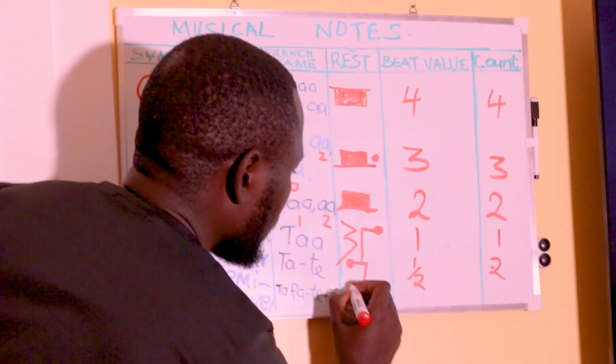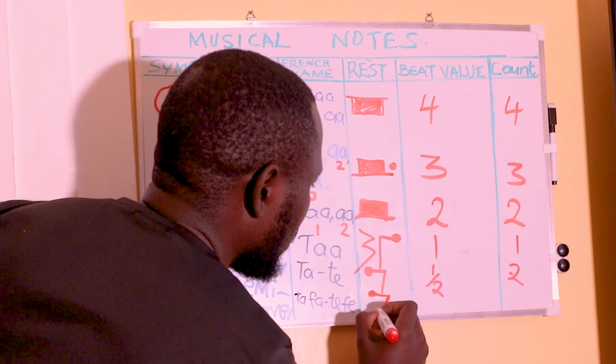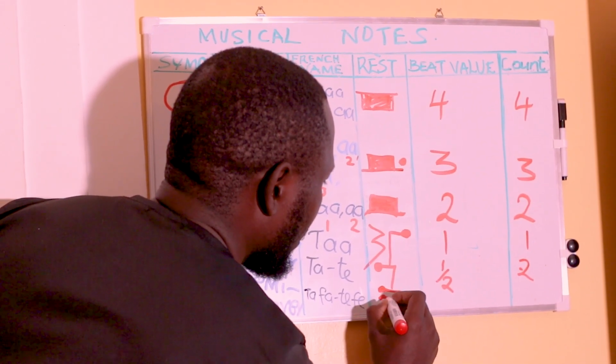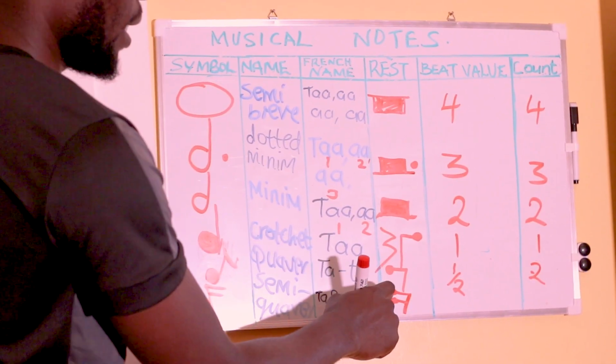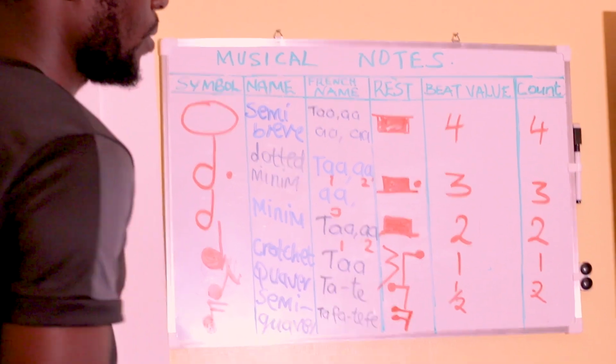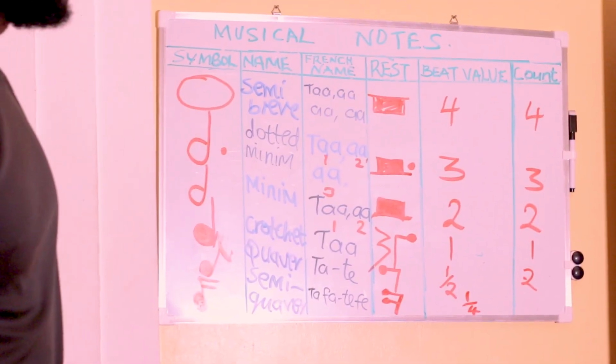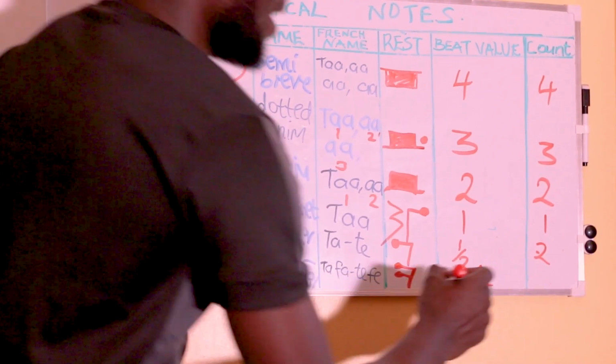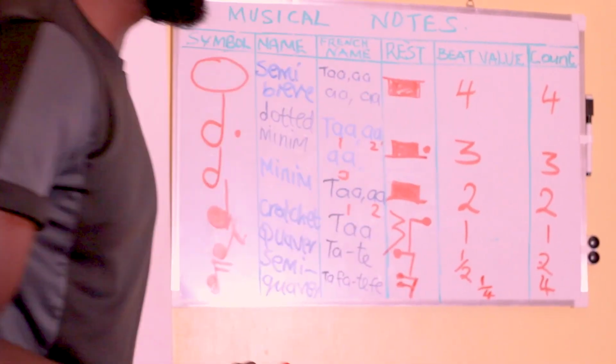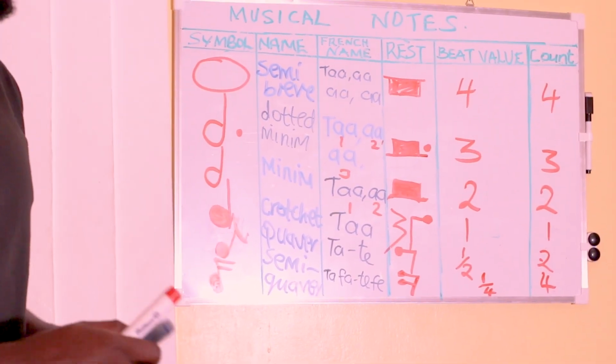The rest is just like a 7 with another flag, so 2 tails. And the beat value will be a quarter. Then the count will be 4, but shorter ones.